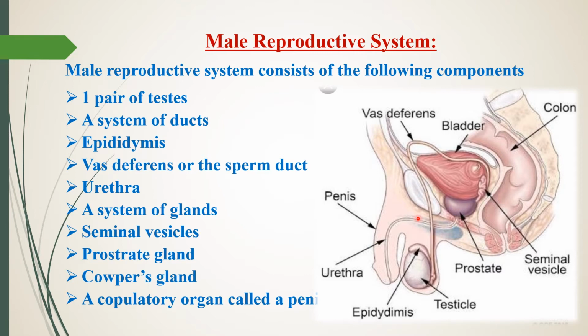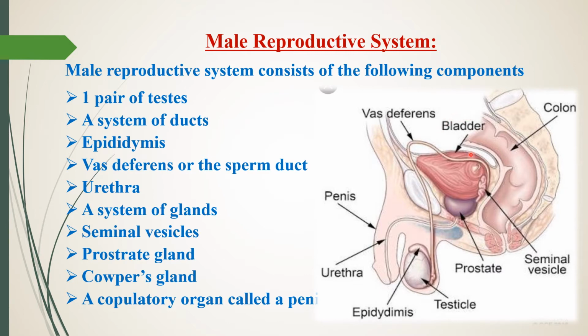the epididymis. This tube-like structure attached to the testes is called the epididymis, and the epididymis runs into this tube-like structure called the vas deferens, and this enters the urinary bladder.